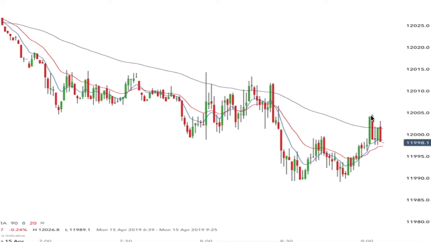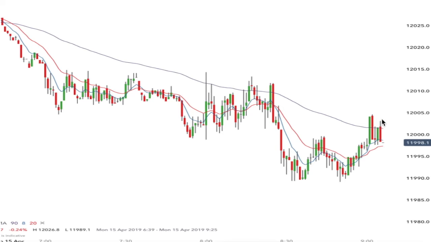Also, you may get an imperfect entry, so you need to have very high probability on these trades to consider trading with a target of less than, in this case, 7 points. If it was a 5 point target, I wouldn't bother.